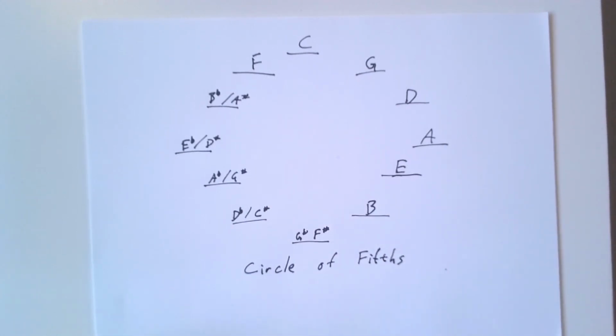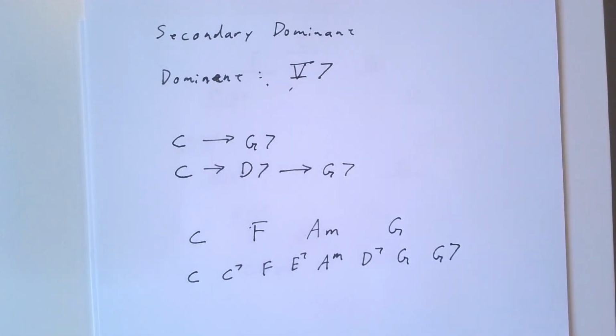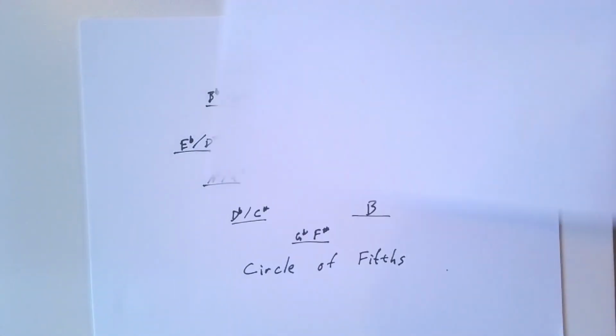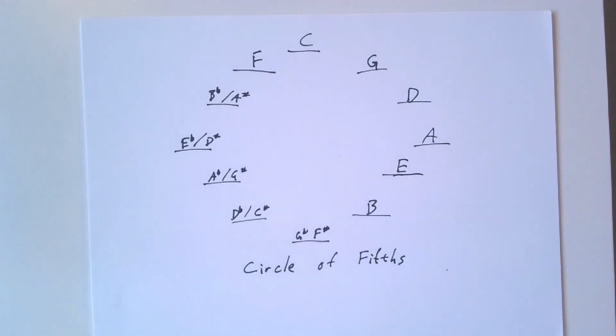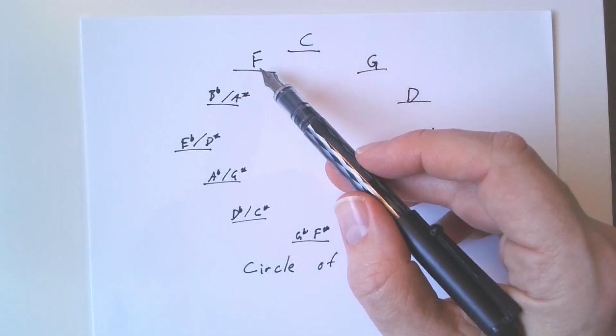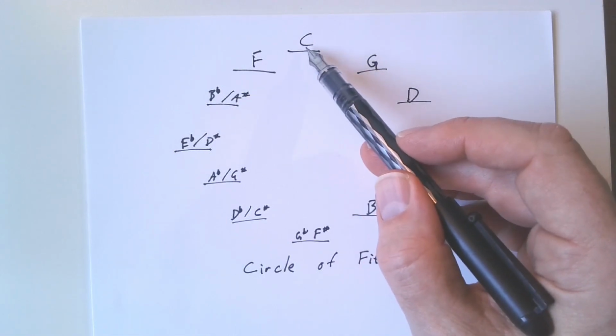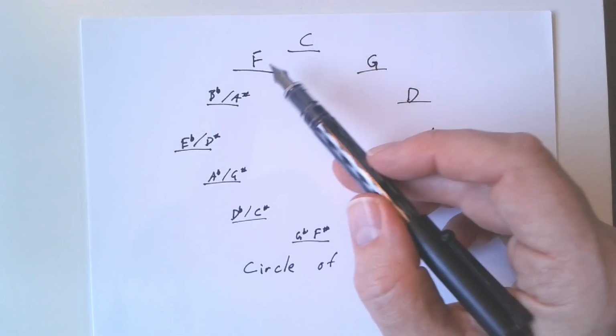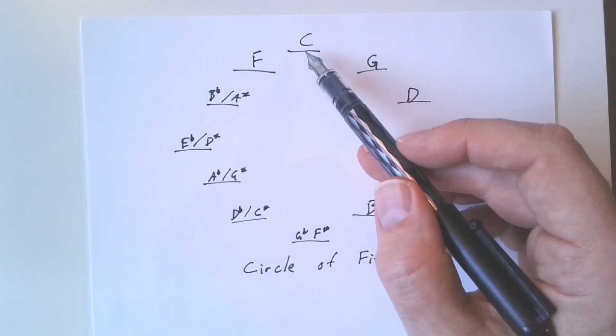All right. Now, when we did our secondary dominants, I had a list of chords, and I said we're going from C to F, but we're going to do the dominant of F between, and that was a C7. How would we quickly find that chord? Well, we're going to F, and we can say on the circle of fifths, go up, and you will find the 5 of F. Then you add the 7th, and you say C7.